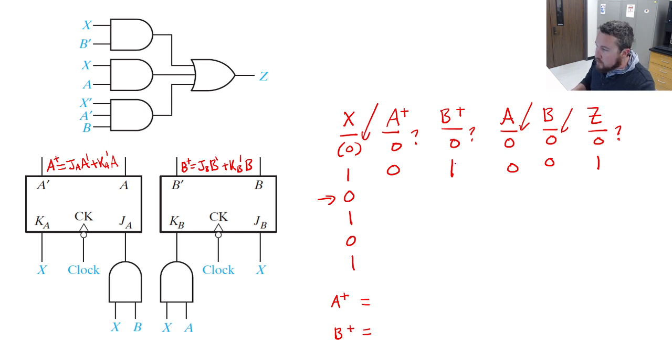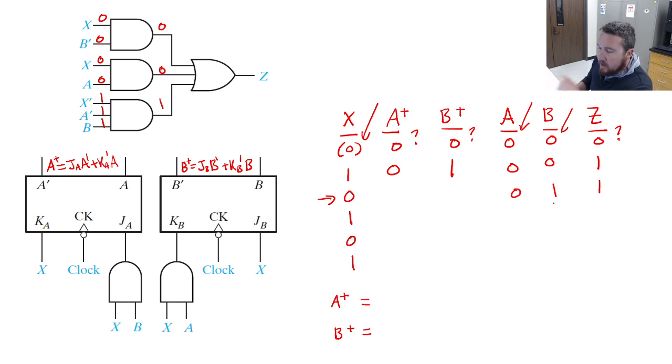So our A and B are going to be primed directly off of A plus and B plus. So that's going to be 0 and 1. Now we have all the information we need to figure out Z. So if x is 0, that's going to be 0, 0, and 1. And A is 0, so that's going to be a 0 there and a 1 there. And B is 1, so that's going to be 0 and 1, which means we're going to have 0, 0, 1, which means that Z is going to be equal to 1.